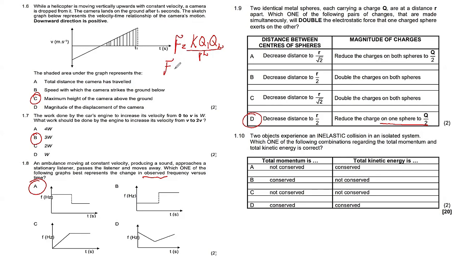So for the new F, we will say we have our K there, and then note that F is equal to that. So Q1, let's have this charge here, and then times Q2. We are not doing anything to Q2. We are only halving Q1. And then when it comes to distance, what must we do to distance?